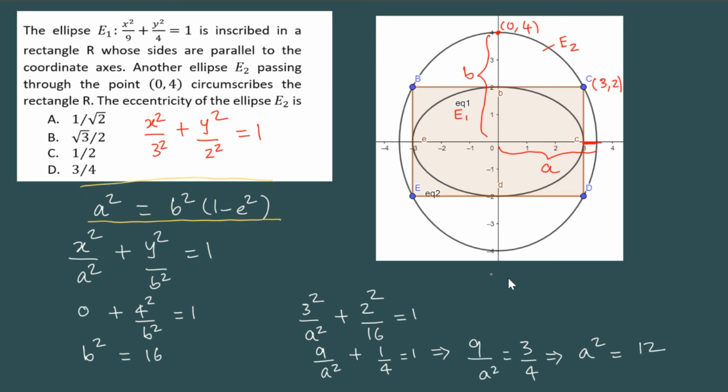A square is 12, B square is 16, so 1 minus e square will be 12 by 16, that is 3 by 4. So e square will be 1 minus 3 by 4, that is 1 by 4. If I take the square root, I should get e as 1 by 2. So the answer should be C.